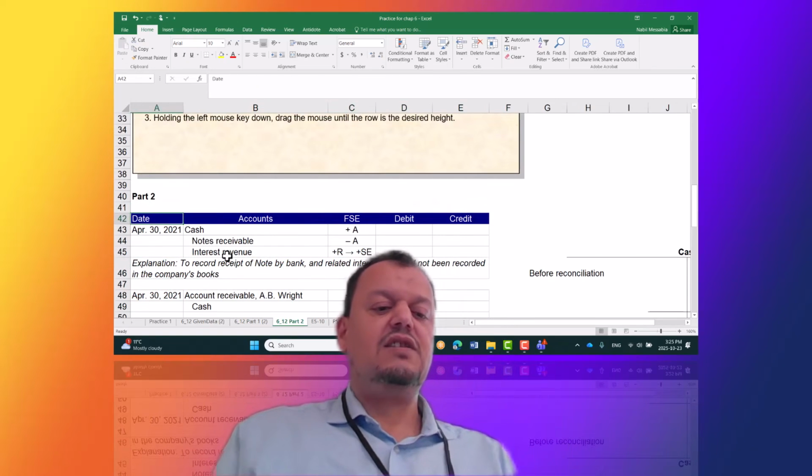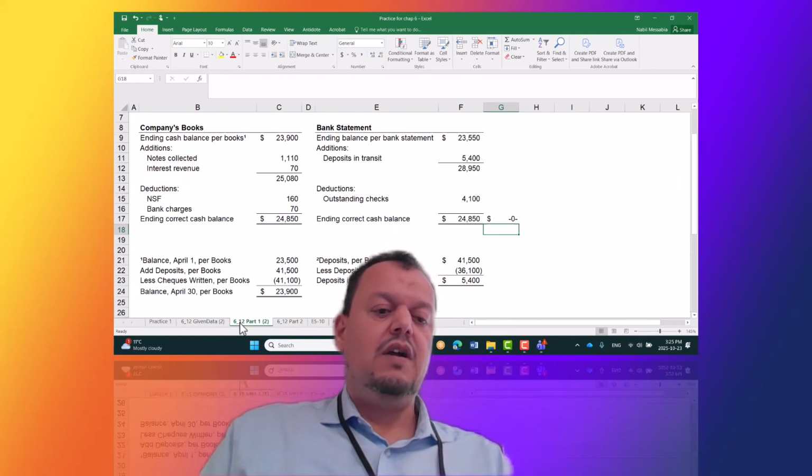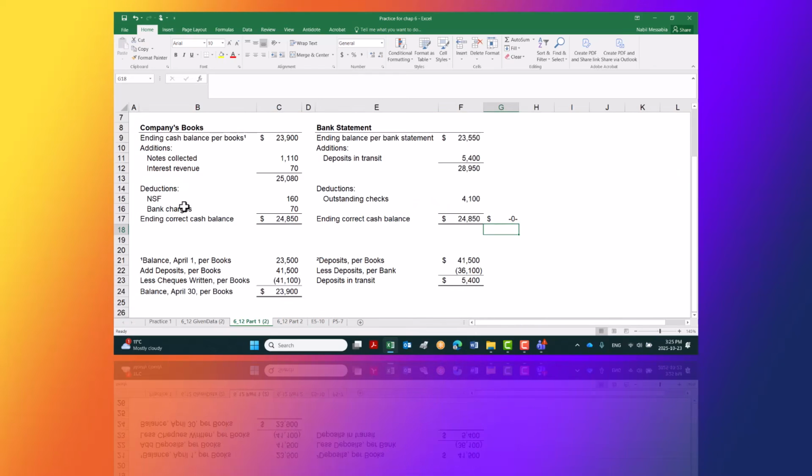Make the journal entries. So let's start with what journal entry I should do to recognize the note collected and the interest revenue. Debit what? Credit what? Note collected from our customer. So this is a note receivable, okay? And it was paid. Now we have the money, we have cash.